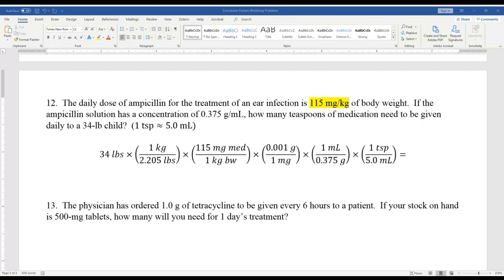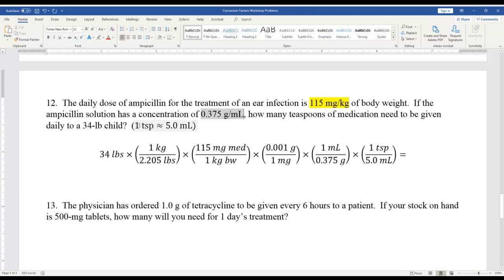It's not something that was measured. However, even if you do accept that, the concentration here, 0.375 grams per milliliter, is definitely a measured value. So this is an example where you have measured values, and you do have to take their significant figures into account when you're calculating.